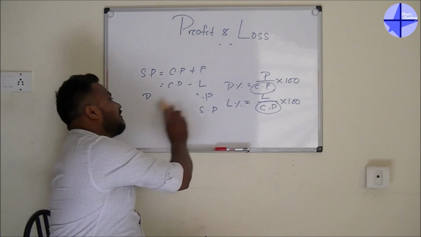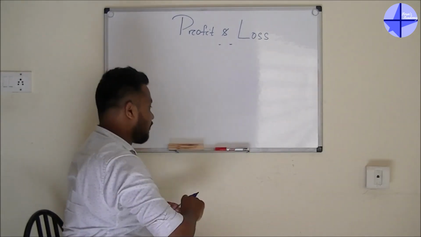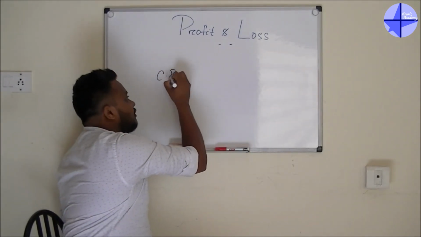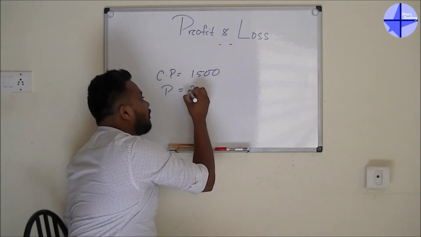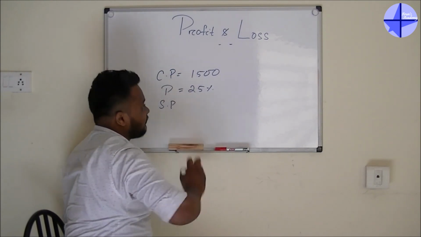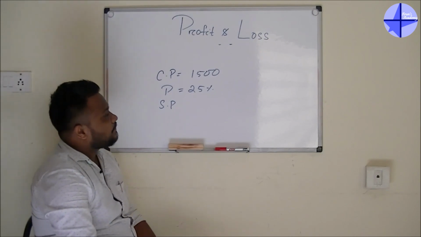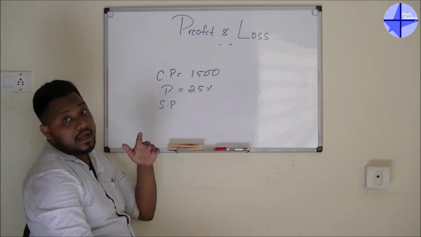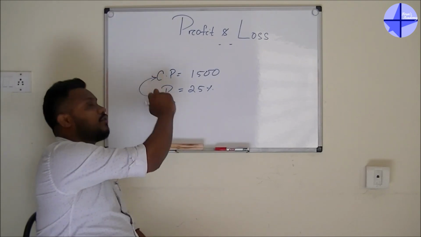The cost price is given. The cost price is equal to 1,500. The profit is equal to 25%. Then find the selling price. This is a very simple question, but whenever you are calculating the profit, I already told you, you have to calculate in terms of cost price.